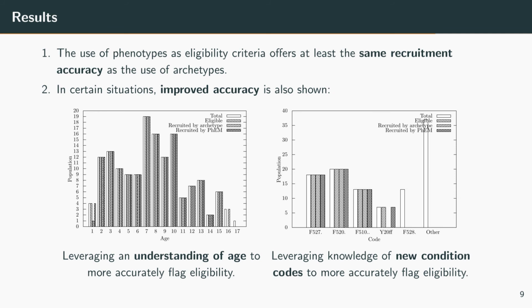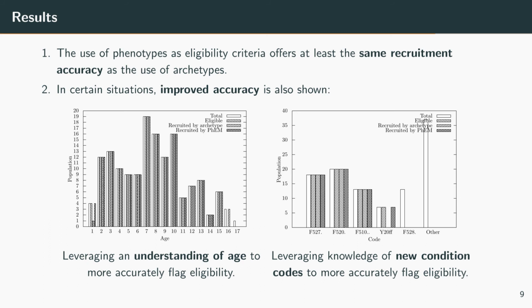This is because the use of archetypes requires a static date of birth declaration to determine age, which becomes less valid as the trial proceeds. Instead, when we use phenotypes, we have more of a dynamic understanding of age, which is why it correctly recruits patients at the lower end of the spectrum and doesn't recruit patients outside the top limit at the end of the spectrum.